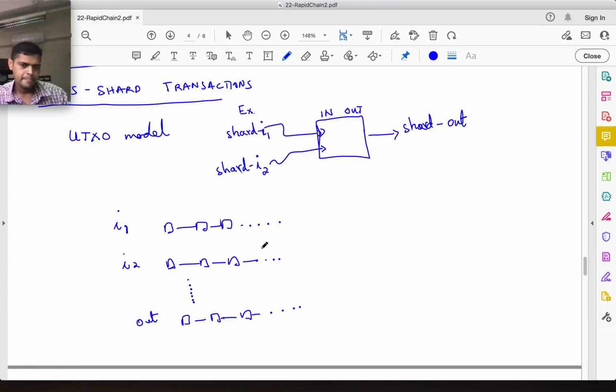Okay. So what are we going to do over here? So this transaction is going to be given to the committee. Let's call this C out. These are the committees.